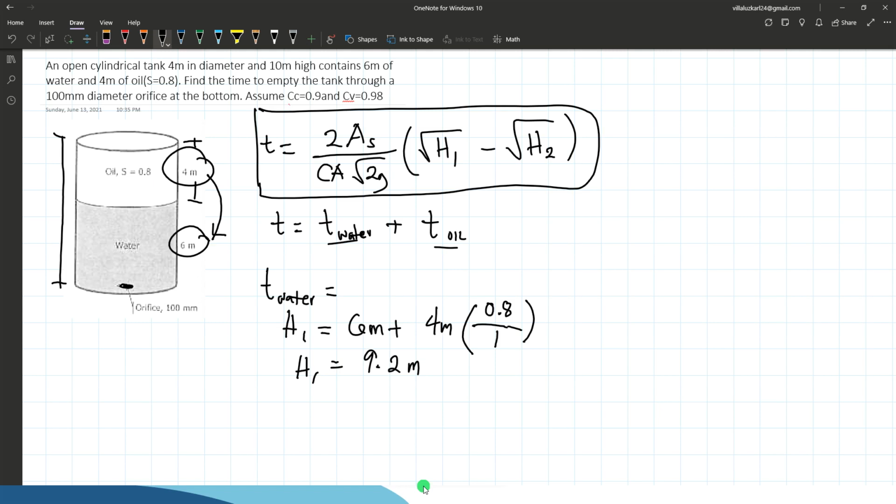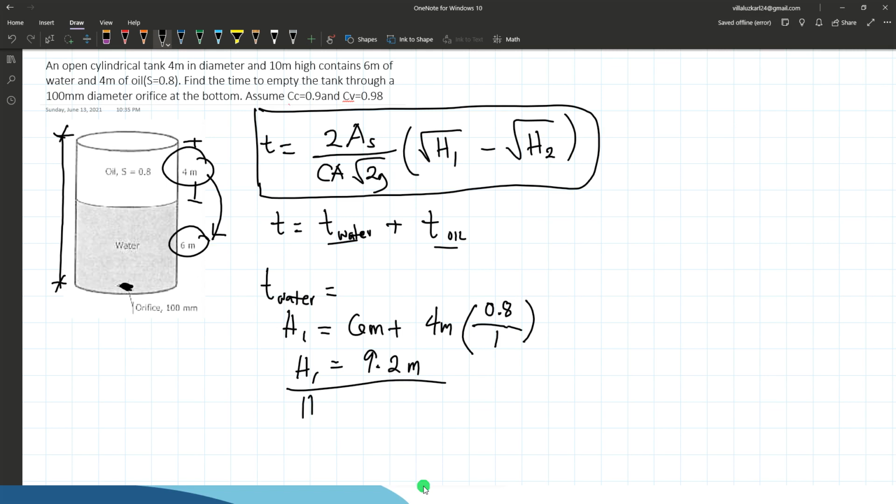It means that's the equivalent pressure head from the opening of the orifice at the initial position, when the container is filled with water and oil. So we have a total equivalent head of 9.2 meters.